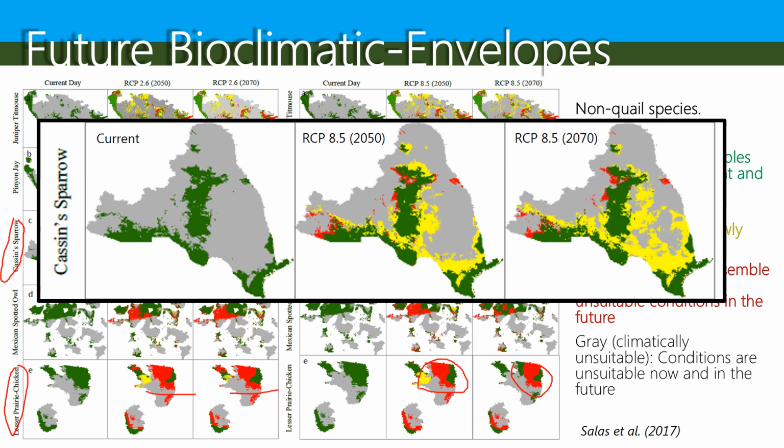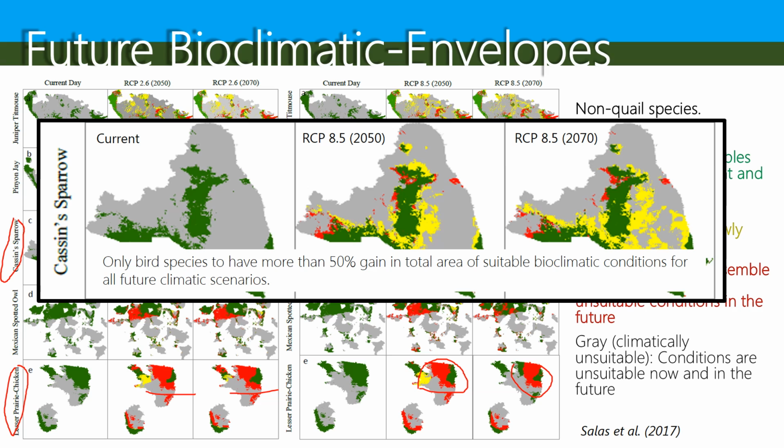Now, of all the bird species that we modeled, it's only the Cassin's sparrow that has more than 50% gain in total area of suitable bioclimatic conditions for all the future climatic scenarios we ran. And you can see this from all the yellows in the RCP 8.5 map.